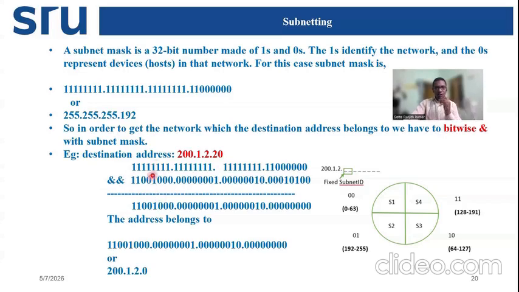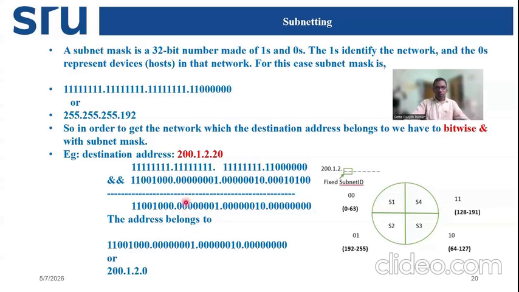Now after this AND operation, we get this binary result. Once we get this result, convert it into decimal, because as human beings we can easily understand decimal representation.